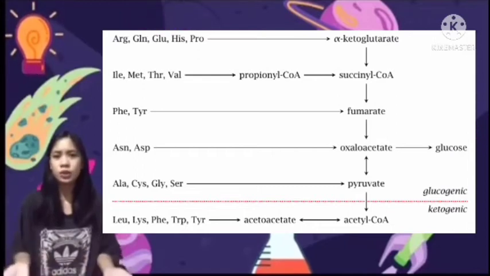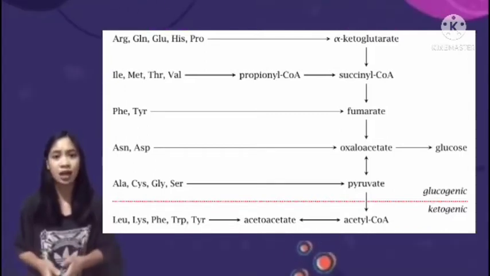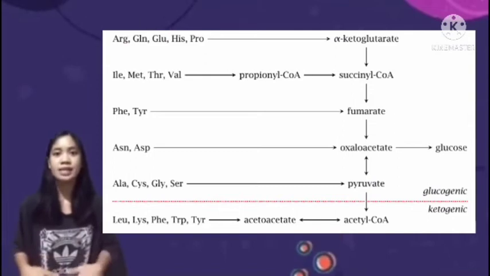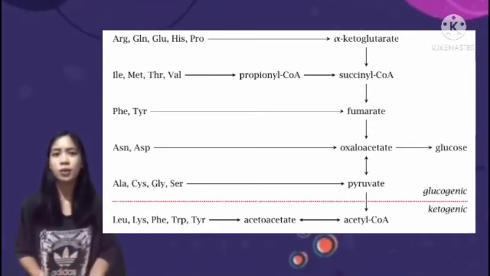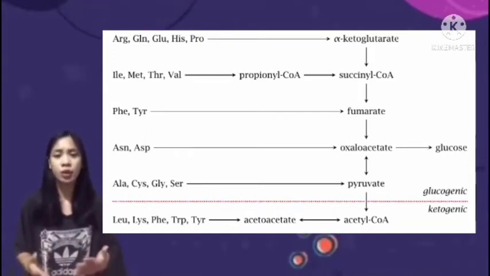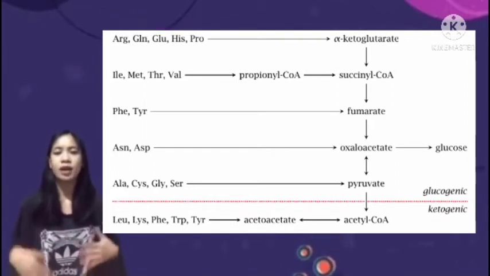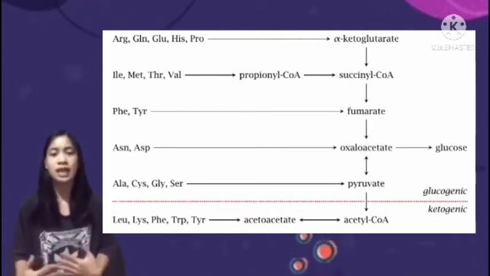If you look closely, you will see that phenylalanine and tyrosine are found on both sides of this division, since they yield both fumarate and acetoacetate. Some might say that's what makes them both glucogenic and ketogenic, but others insist that either category should take precedence.